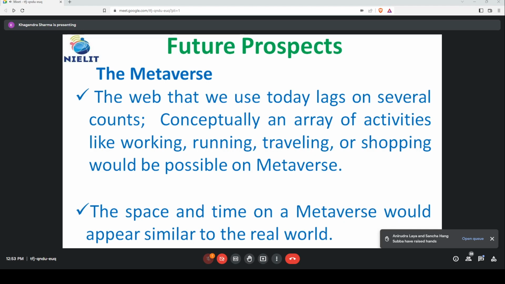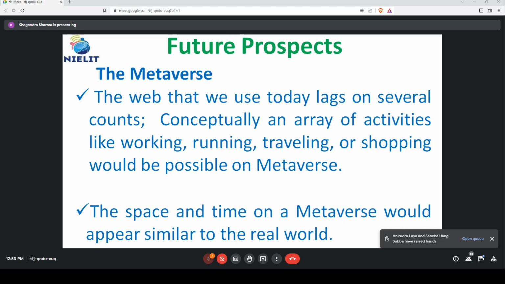But in the metaverse, it's going to be an altogether different experience. You will be there as your avatar. When I say avatar, it would be a digital representation of yourself, representing you to the closest extent possible. There would be assets which we will be calling something like NFTs, non-fungible tokens.